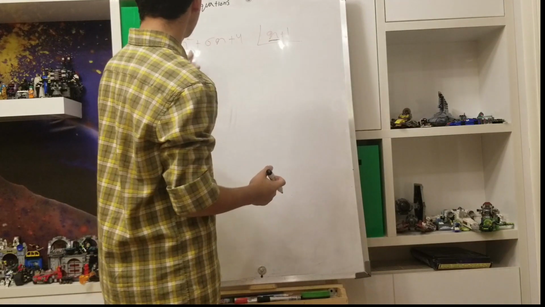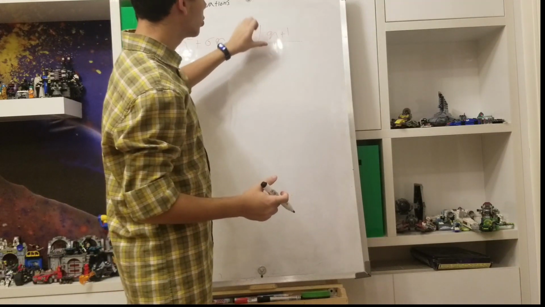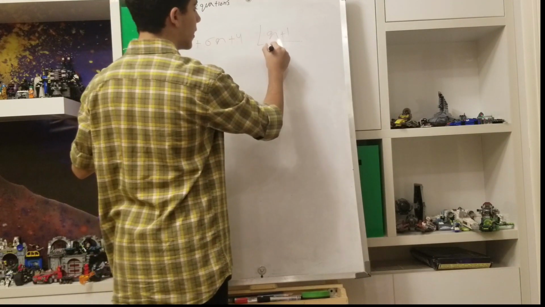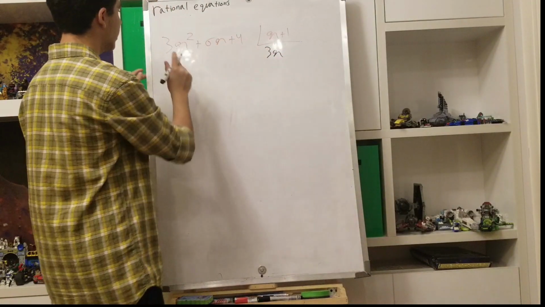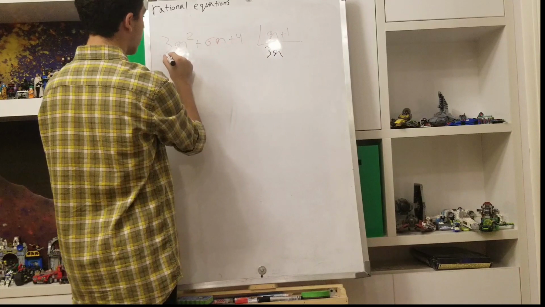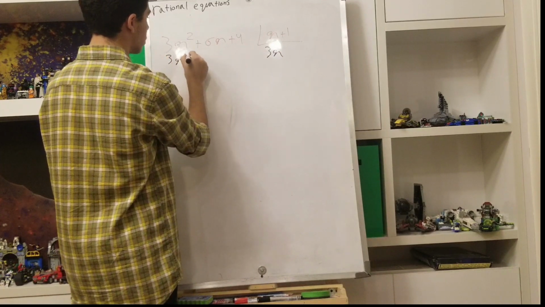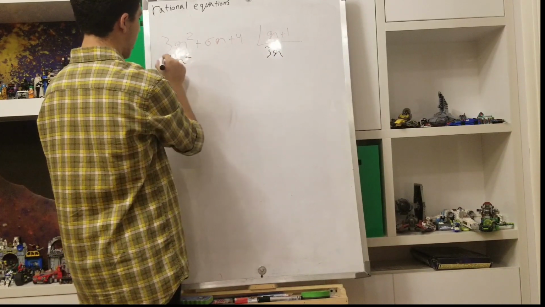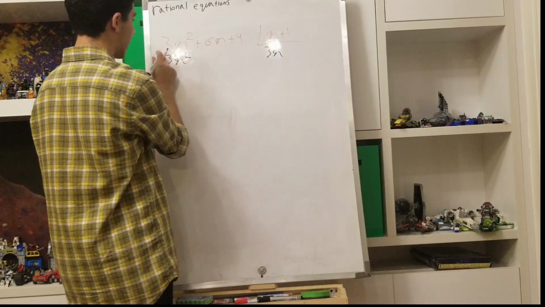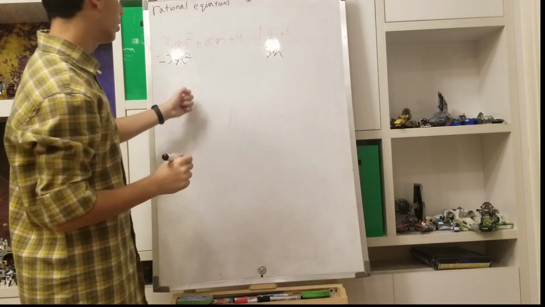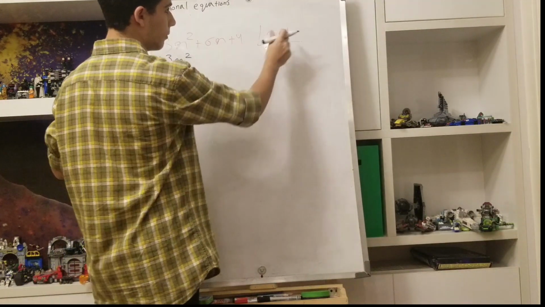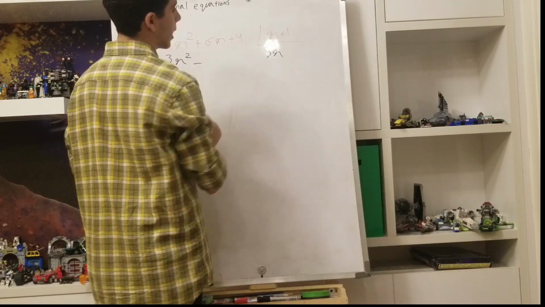So what do we multiply this whole thing by? We multiply by 3x. When we do that, this will be 3x squared. Since this is a negative sign here, we always put a negative sign under all this.